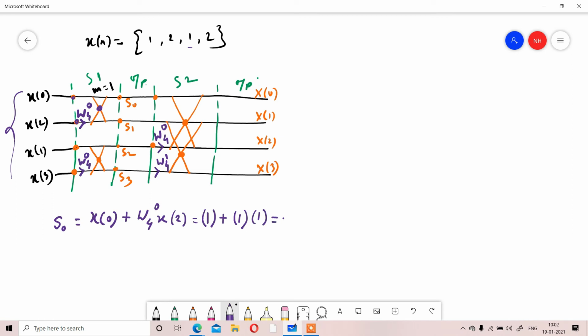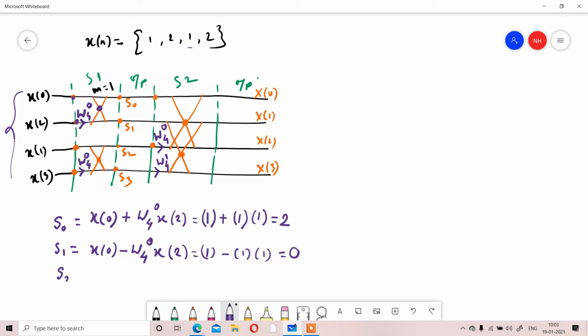So S0 that you are getting is 2. Similarly S1 is the negative part of the same butterfly, so it will be x0 minus W40 x2. So it will be 1 minus 1 into 1, so it will be 0.